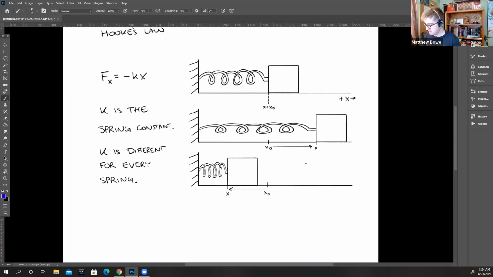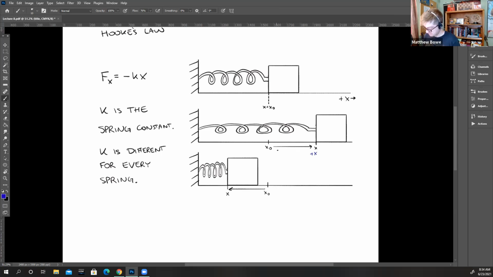What we have is, on all of these, going to the right is a positive value. And so if we stretch this spring, this is going to be a positive X value.